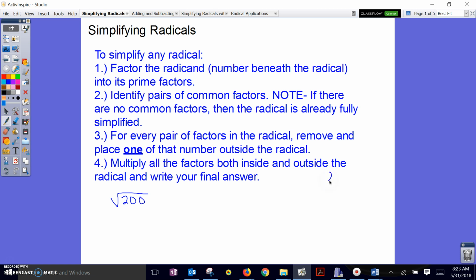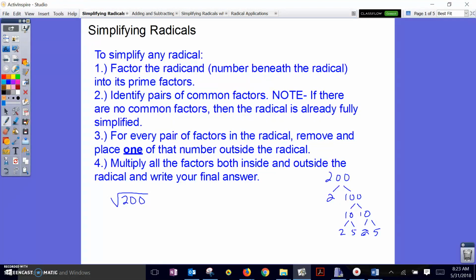So we want to take 200 and break it down into all of its prime factors. I'm just going to start breaking out factors of this. 200 is 2 times 100. 100 is 10 times 10. 10 is 2 times 5. 10 again is 2 times 5.